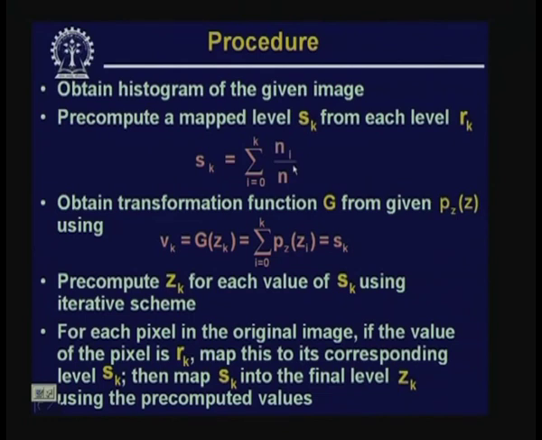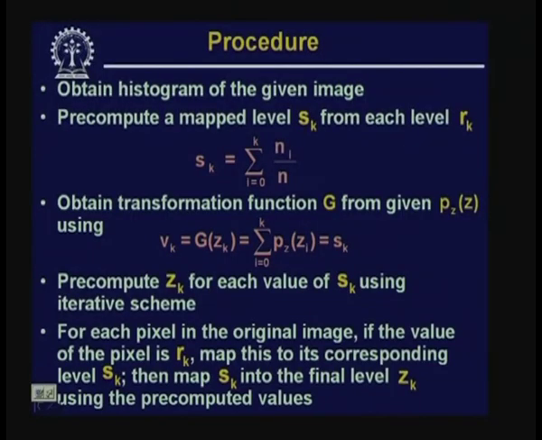Then from the target histogram, you obtain the mapping function g, and for that this is the corresponding expression. Then pre-compute values of zk for each value of sk using the iterative scheme, and once these two are over, I have a pre-computed transformation function in the form of a table which maps an input intensity value to the corresponding output intensity value.